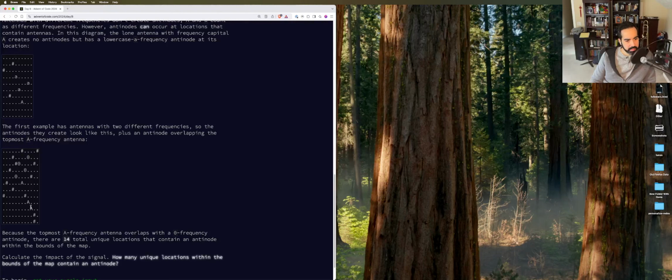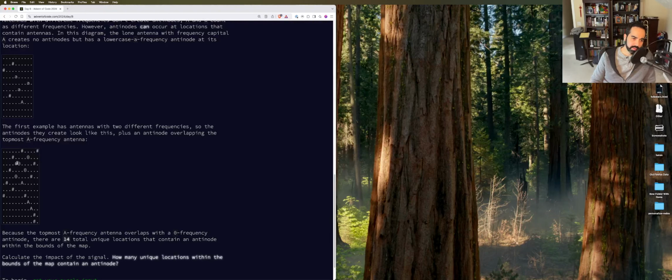We don't have any vertically or horizontally aligned, which is interesting. Okay, but these two, yeah, this is the antinode there. That one's off the map. Okay, so it doesn't seem to matter how far away it is, just if they're in a line.